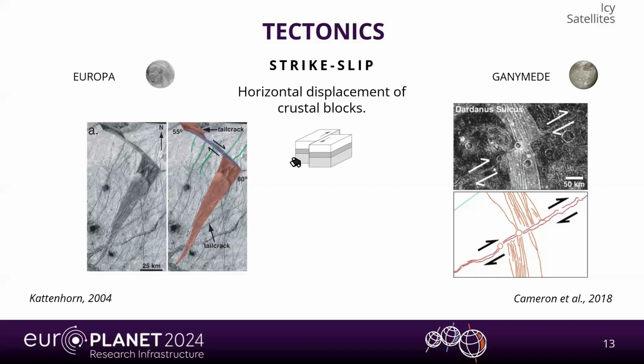These are two examples for Europa and Ganymede that show terrains, structures, and geologic units that have been displaced by horizontal shift along strike-slip faults. But there are plenty of examples of kinematic indicators for horizontal displacement on icy satellite surfaces.